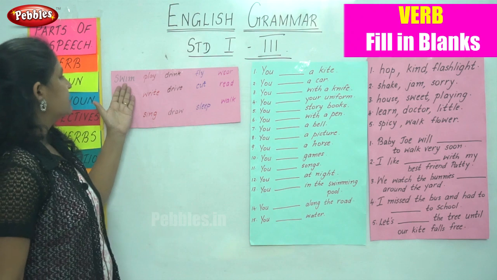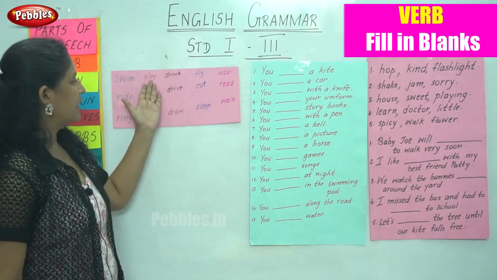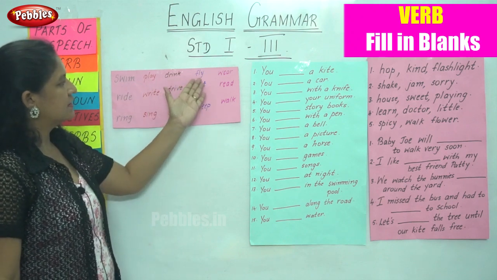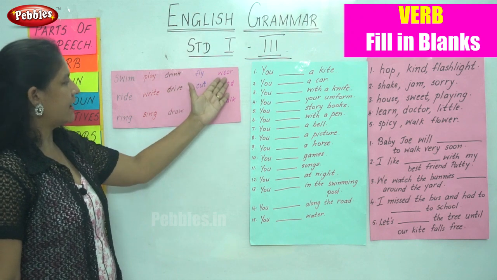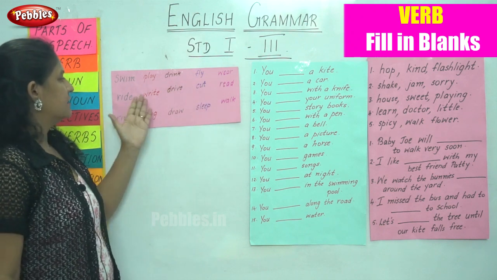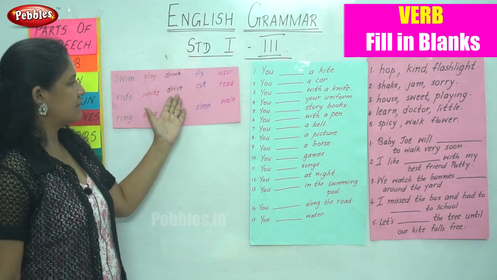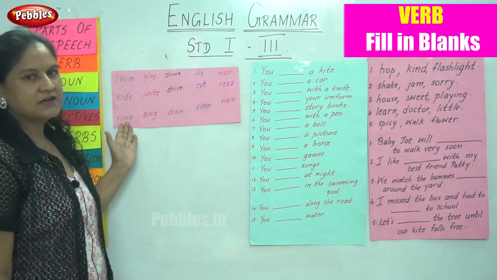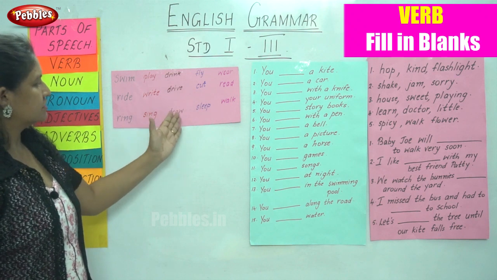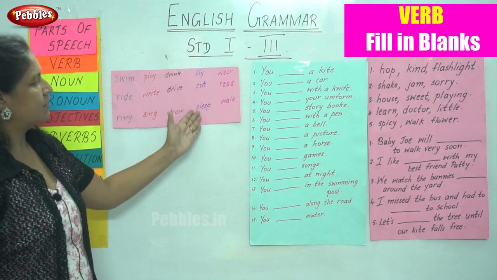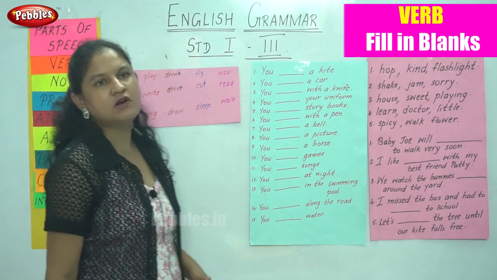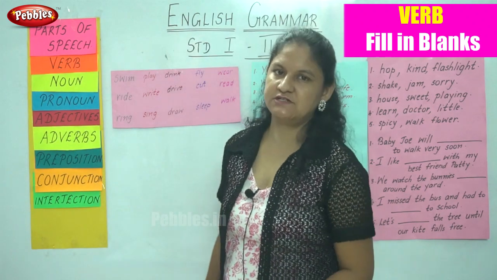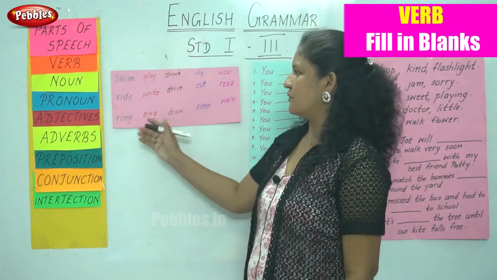So we have swim, play, drink, fly, wear, ride, write, drive, cut, read, ring, sing, draw, sleep, walk. So these are all verbs or action words. So we'll read the words once more.